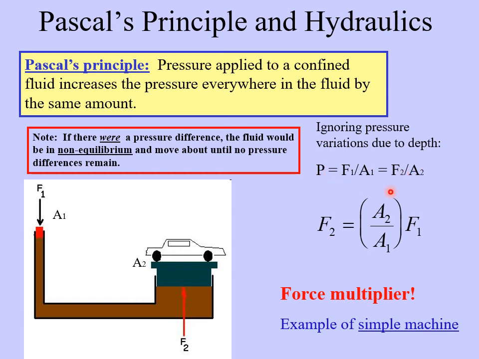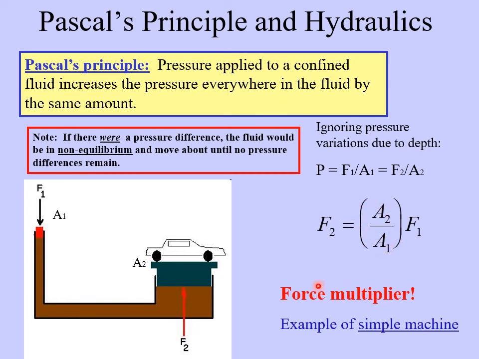So let's solve this equation for F2, the force on this big, wide, large area piston. So F2 is equal to A2 over A1 times F1. Now notice, F2, this force here, is equal to this force multiplied by the ratio of those two areas.